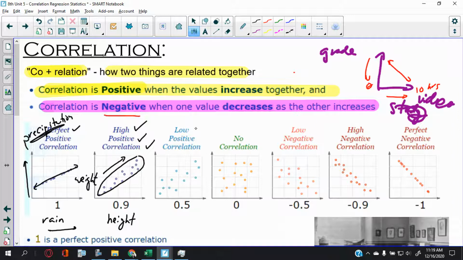Now the third one is low positive correlation, which means you see how the points are fairly scattered, more scattered than the one to the left, at least. But they're still kind of moving up. So I'll use the cat owner, dog owner thing.